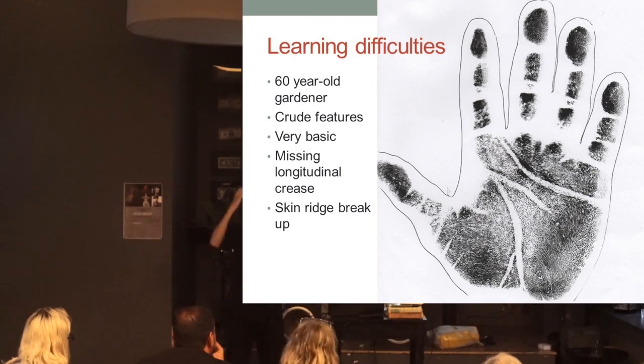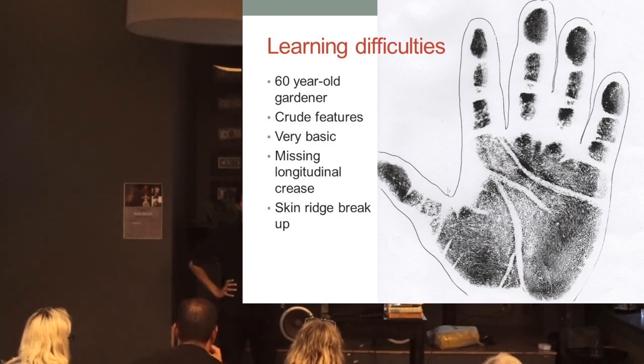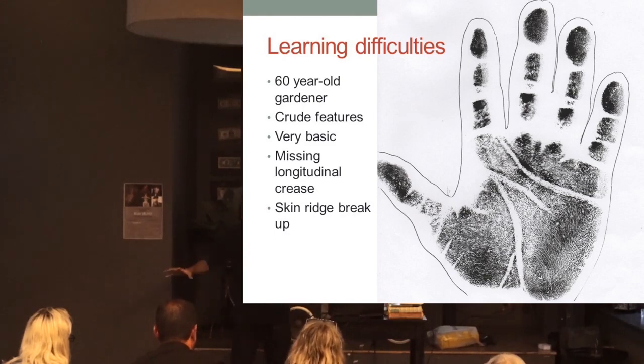They actually had learning difficulties, as you can tell from the hand, but they couldn't read and write, and their communication was quite basic. I mean, they were functioning fine, but if they were to try and subtly understand why somebody might be upset at a dinner table, they just wouldn't have that understanding. They literally don't live in that world. This hand purely lives in a very physical, kind of crude world, and they just don't have that level of sophistication that you'll see from hands with an awful lot of lines.